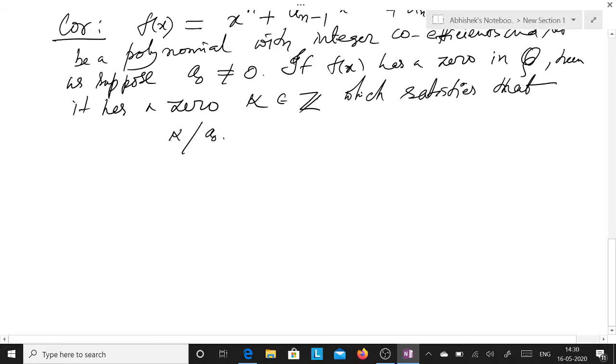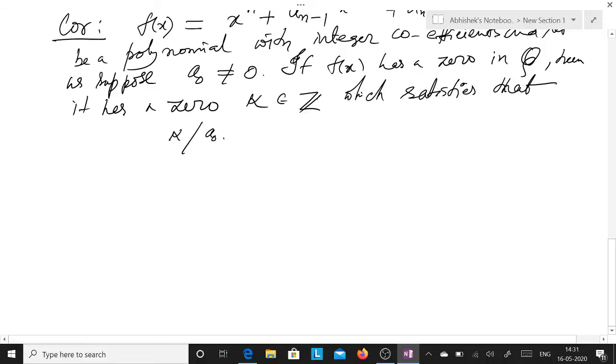And we notice that if a polynomial f(x) with integer coefficients and having leading coefficient 1, and if we suppose that the constant coefficient is non-zero, has a 0 in the field of rationals, then it must have a 0 in the ring of integers which divides a_0.